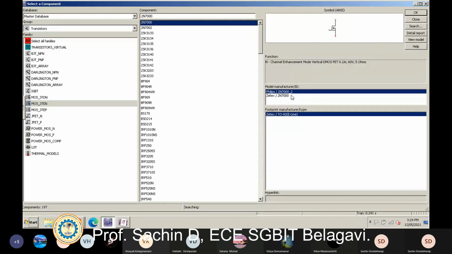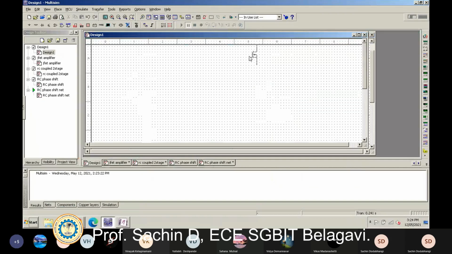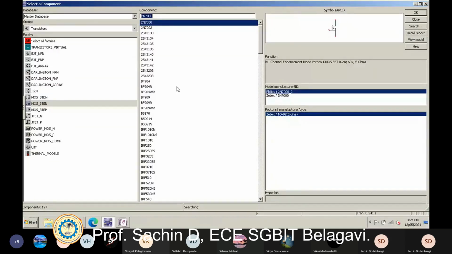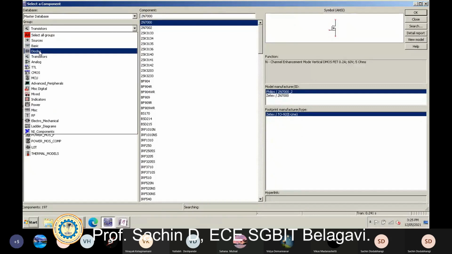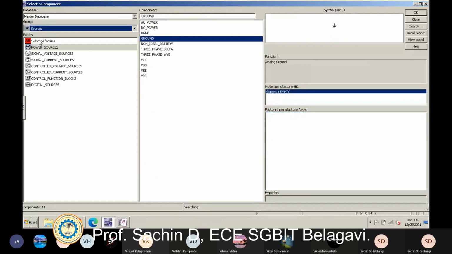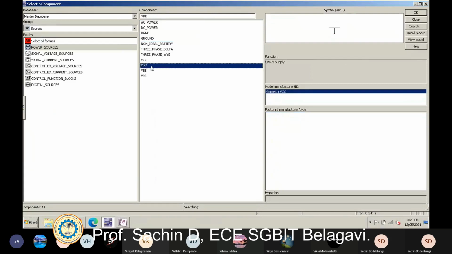You can see the model name, and at the right side the manufacturer ID, it is Philips. Okay, I will place it here. Now I will include VDD and ground. VDD is in sources. Can you see it? VDD.